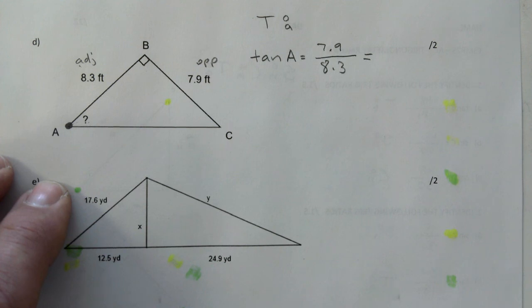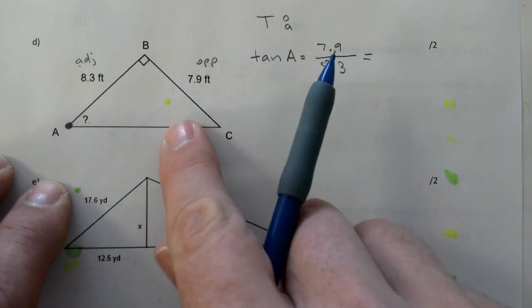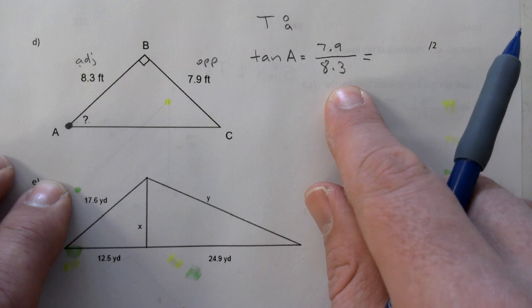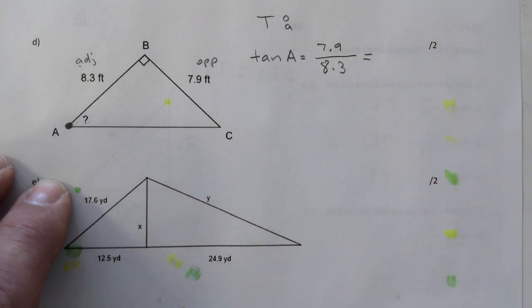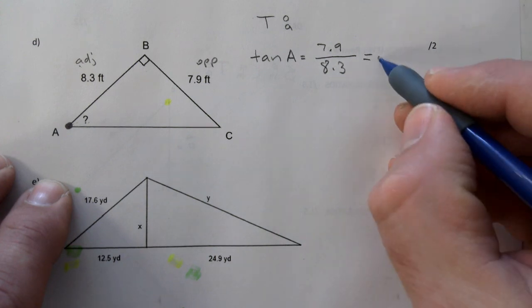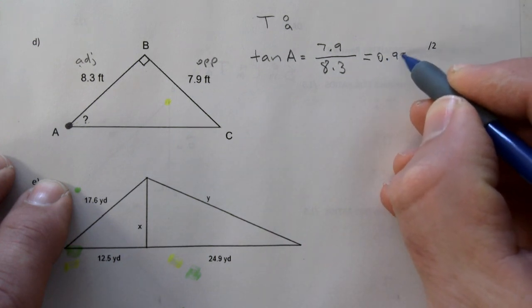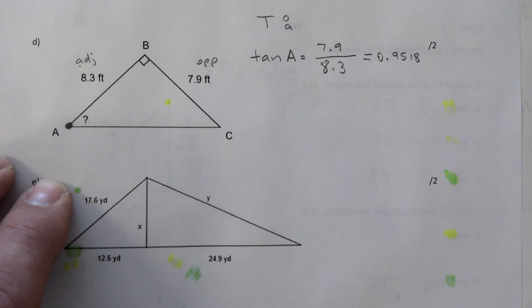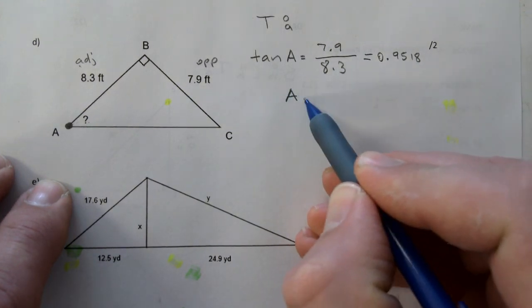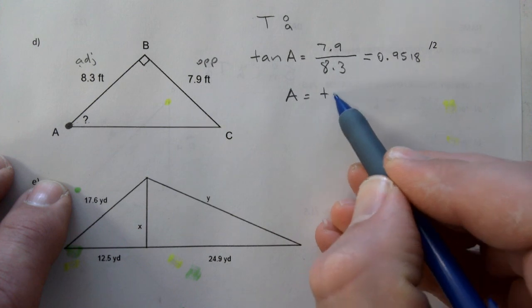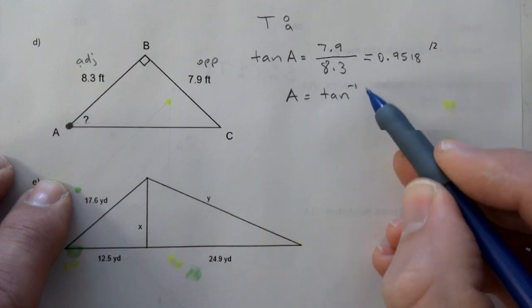Maybe 2 with a diagram and how you did it, okay? And so in this case, 7.9 divided by 8.3, and you write down up to 4 decimals, I should say, right? It's that. Angle A would therefore be tan inverse.